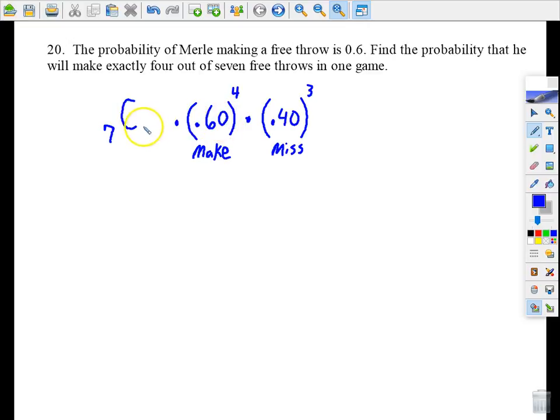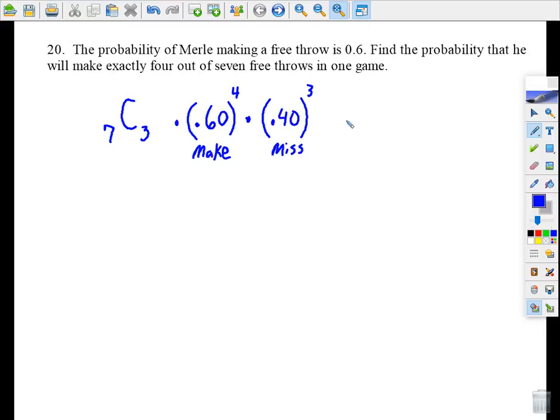And you can always remember the second number that follows C like this: if you set it up this way, it will always match the second exponent, or the exponent for the failure percentage or probability.